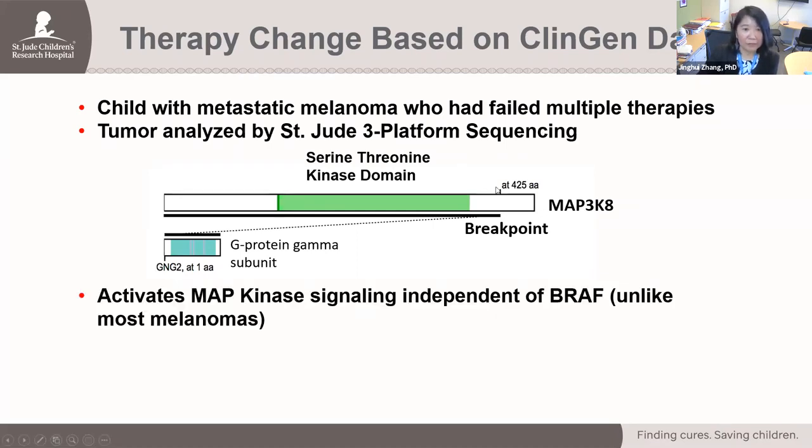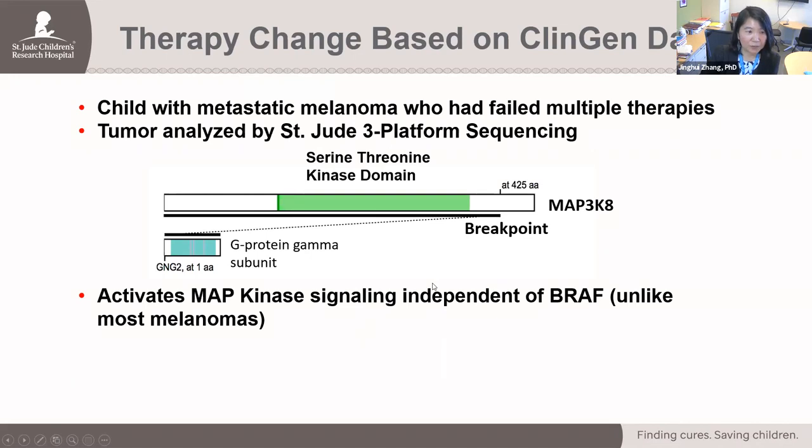The fusion involved loss of the last exon of MAP3K8. Based on a literature search, we found that this could cause auto-activation because the last exon encodes the auto-inhibitor domain of MAP3K8. So we projected that this will lead to activation of MAP kinase signaling independent of BRAF.